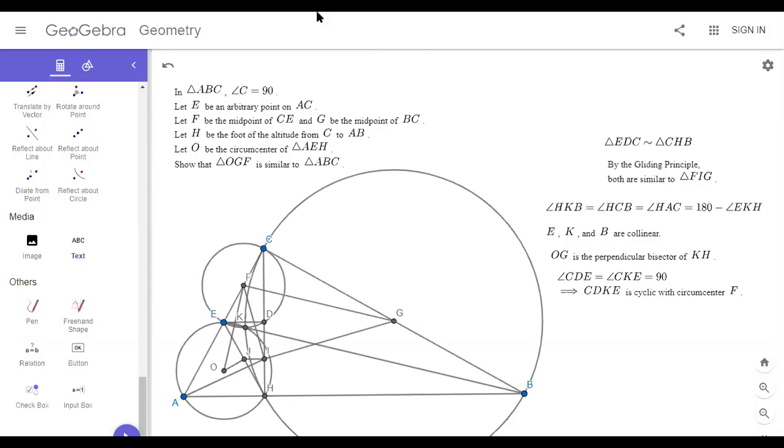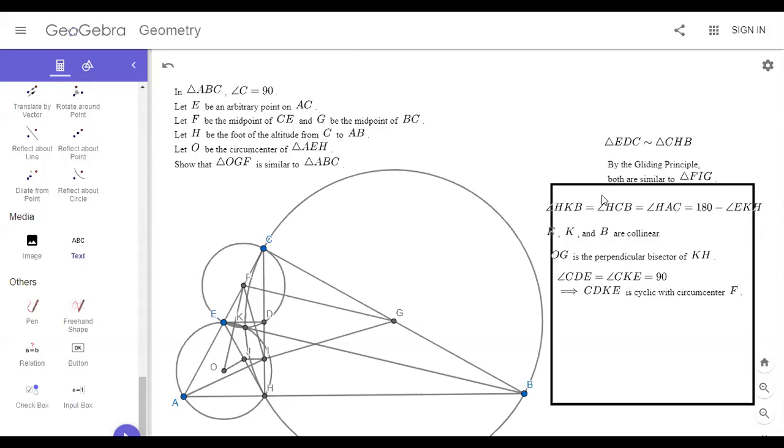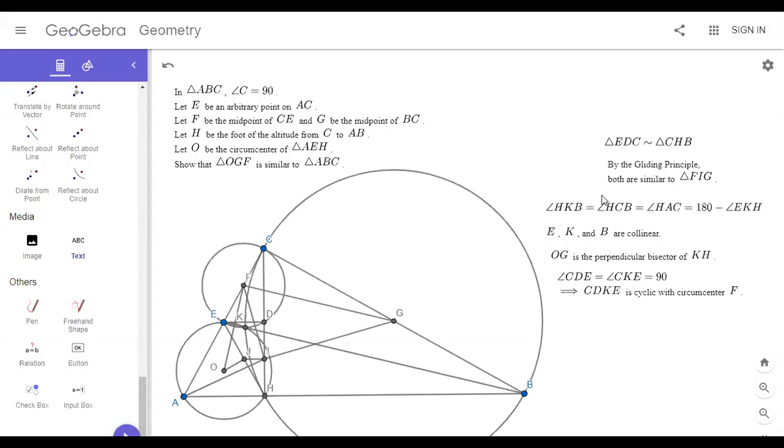And we already know that FI is perpendicular to IG. I think we're almost there. Let's see. So you can show, okay, I can show KD is parallel to IG, but I want to show KD is parallel to OG.